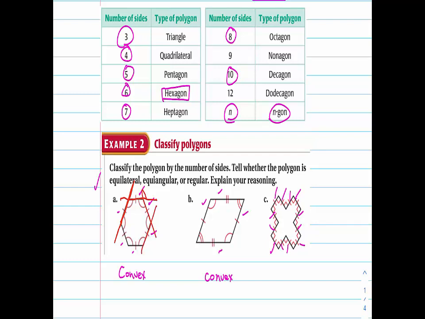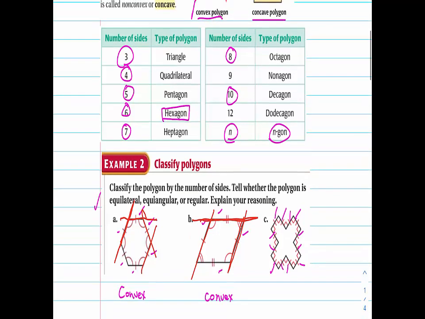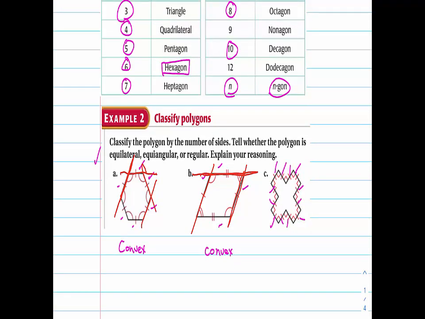Okay? So I'll come over here to this one. Notice if I extend this side out, it doesn't pass through the interior. If I extend this out, it doesn't pass through the interior. So we talk about those being convex. Now concave, let's see what happens here. Let me extend this line out.